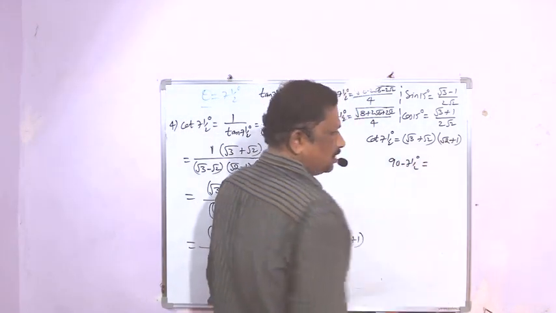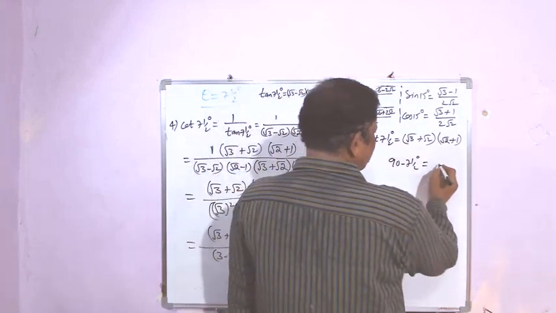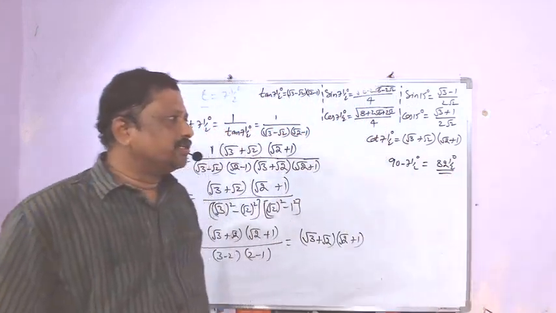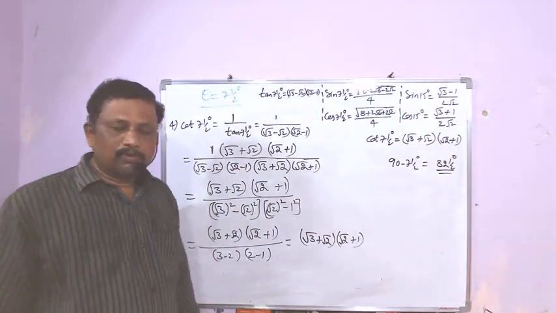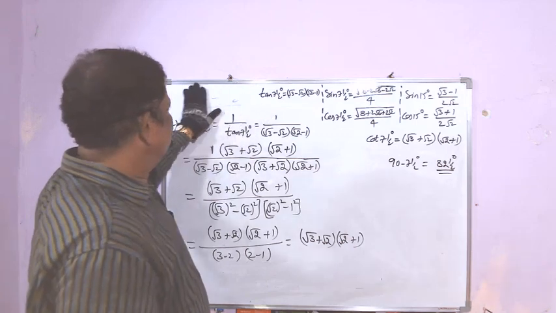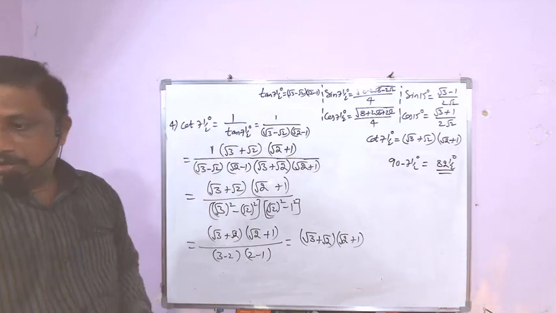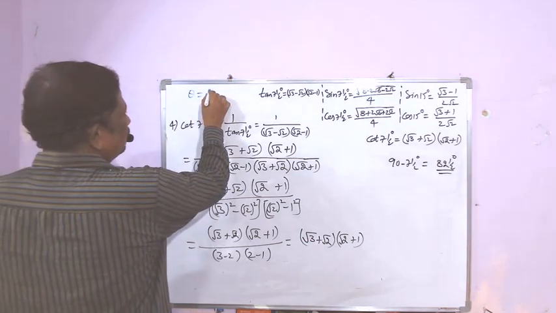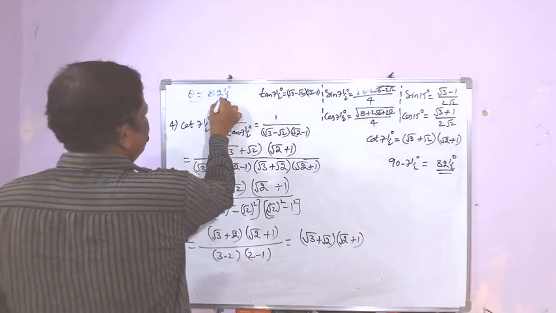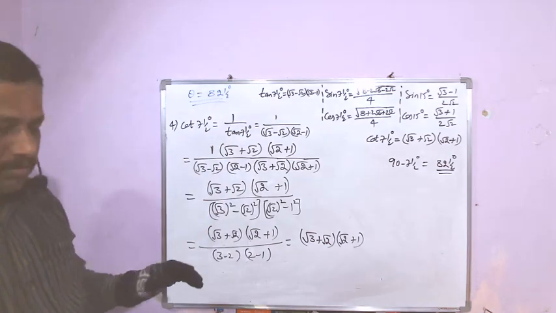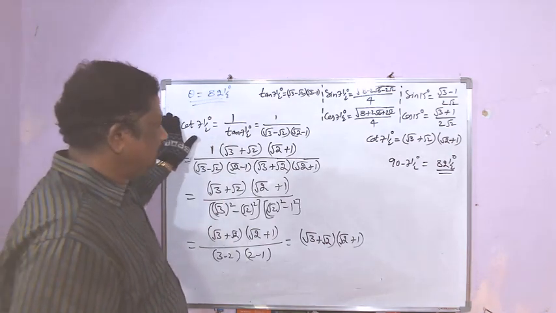That is 82.5 degrees. Now we are going to find sine, cos, tan, cot of 82.5 degrees. Theta is equal to 82.5 degrees. Okay. Now I am going to drop this one.